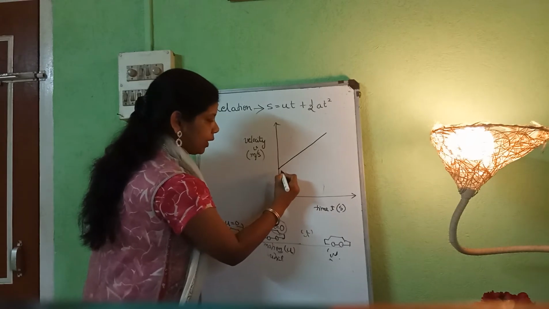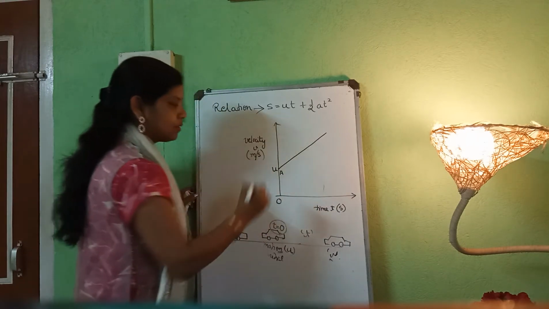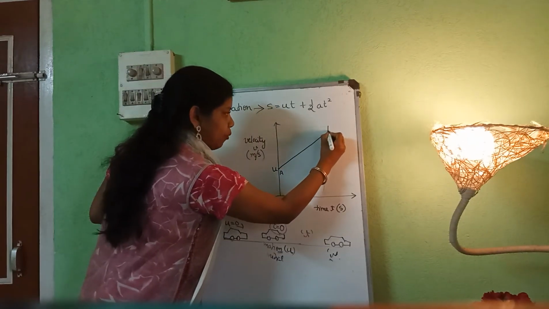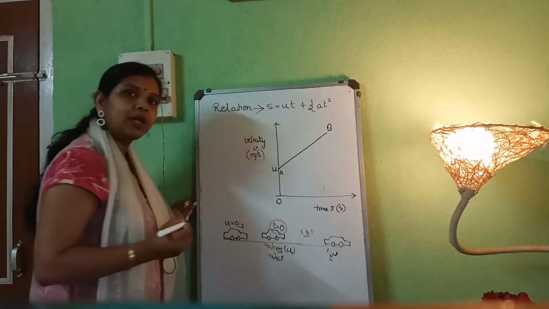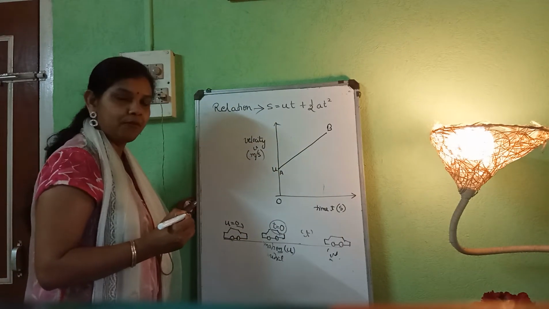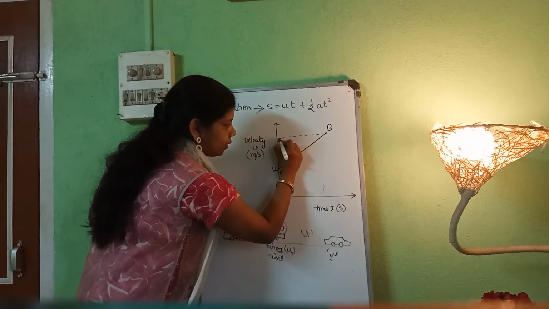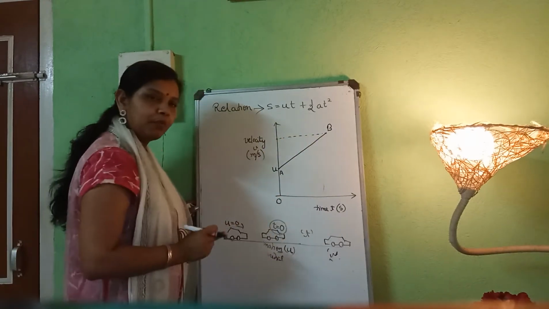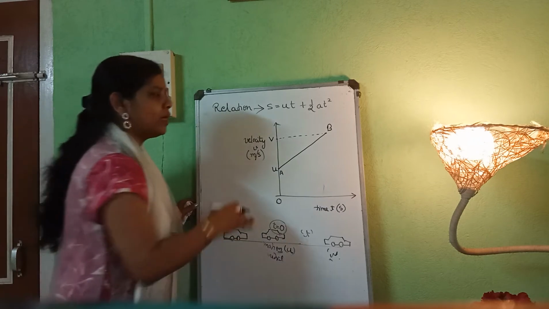At this particular point, let us consider this to be A, and this velocity to be the initial velocity u. When it reaches this particular point, this is my point B. How to calculate the velocity if I give you a graph? You draw a perpendicular here, and this value will give us the velocity at that point. Let us consider this velocity to be v. Now what is the time?